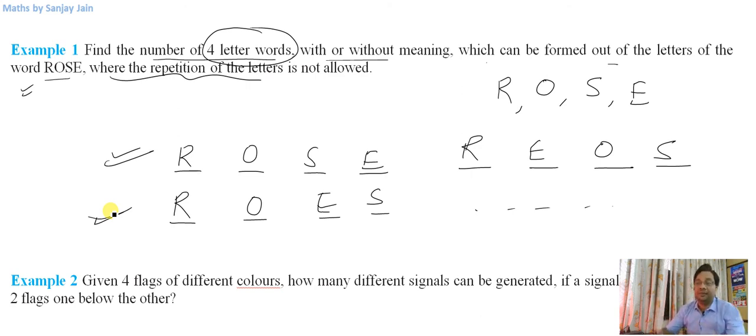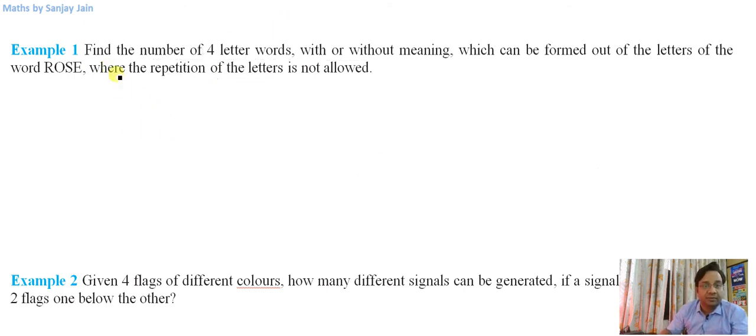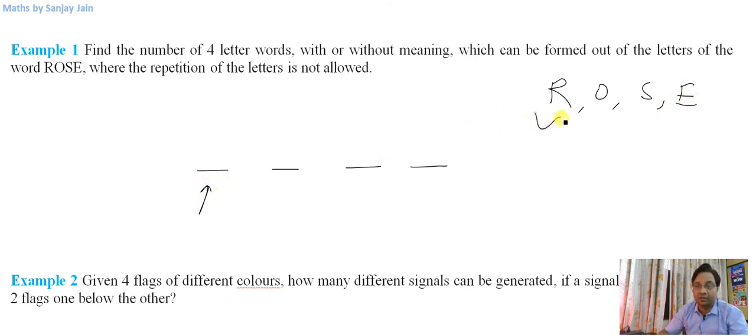That is why the mathematics is useful. So now we need to find number of 4-letter words. So what essentially I've got here is, I've got 4 positions to fill, and I've got these letters to fill these positions with, right? So I can put any of these 4, 1, 2, 3, 4 here at this place.